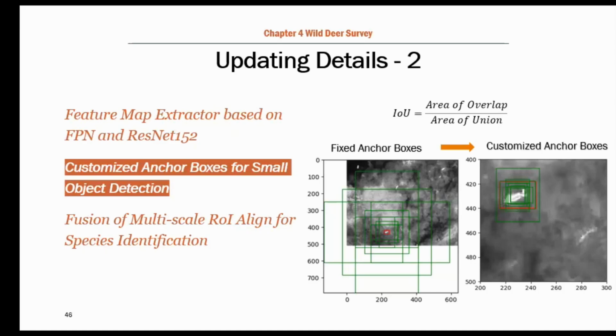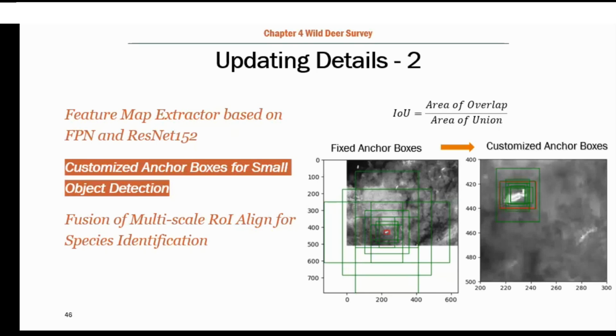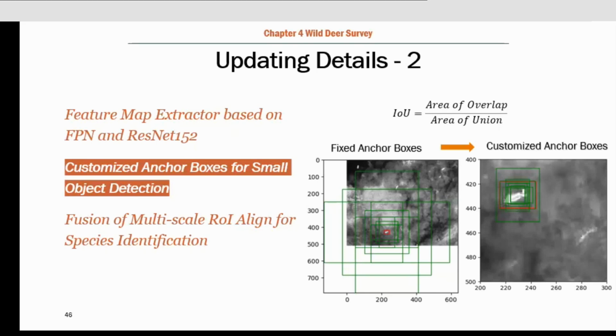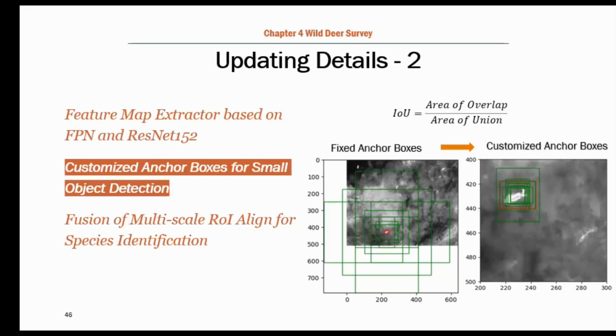This means at the beginning, it's possible for the model to discard these green anchor boxes, which will have a negative effect on the detection accuracy of small objects.